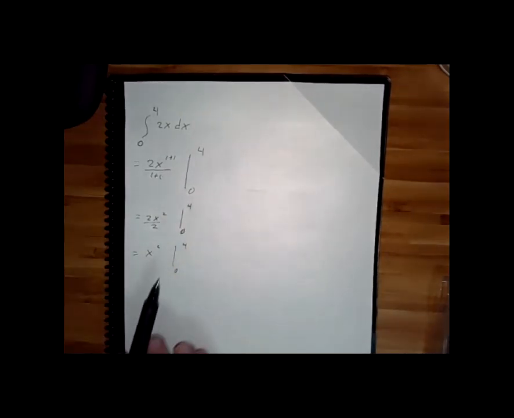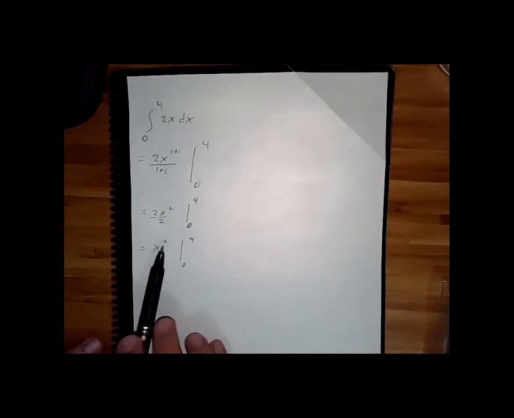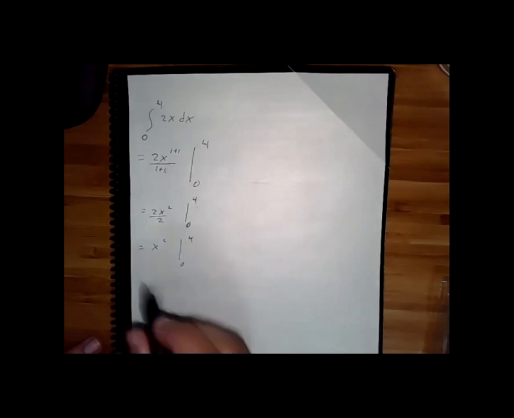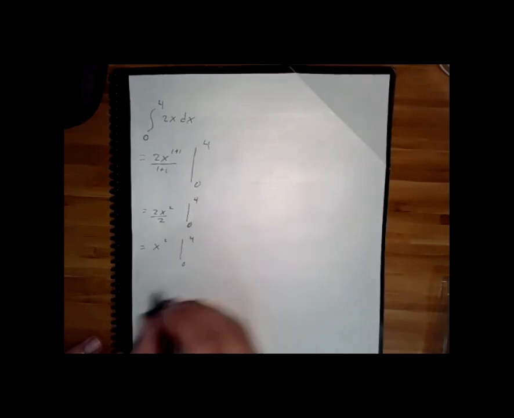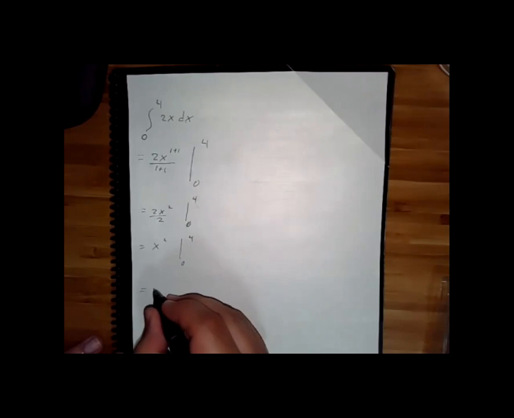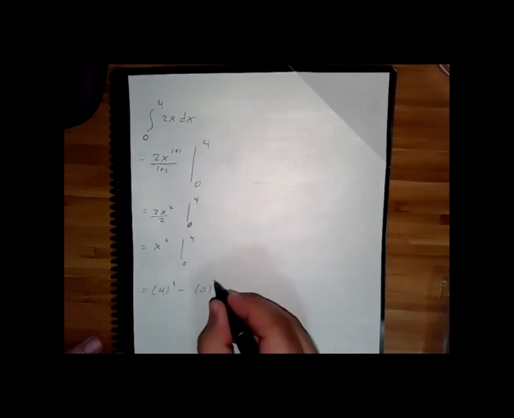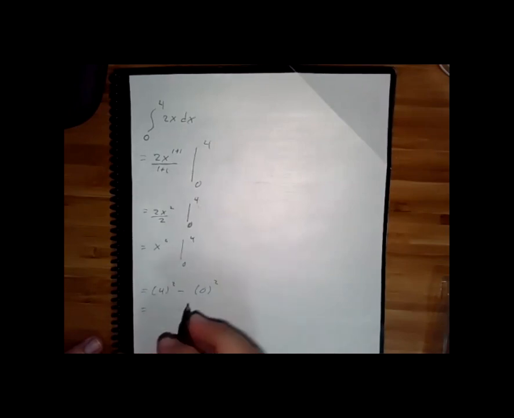The fundamental theorem of calculus says when you find the antiderivative, you plug in the top one and the bottom one, but you subtract them. So we're going to do 4 squared minus 0 squared. This right here is the area.